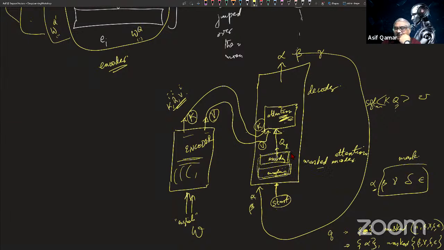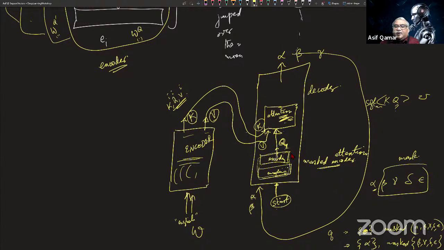These are called masked attention layers for a reason. In the beginning, you just give it a dummy token. It will take a dummy token as a single word and create its own KQV. Throw away the K and V, just take the Q, and you take the K and V coming from the encoder. Now you have a Q.